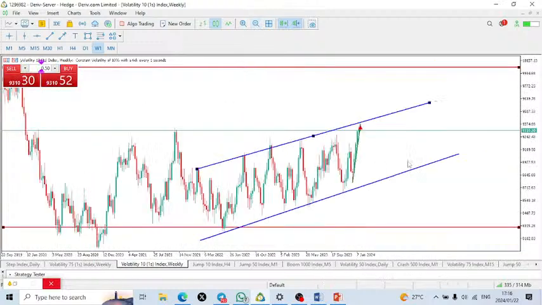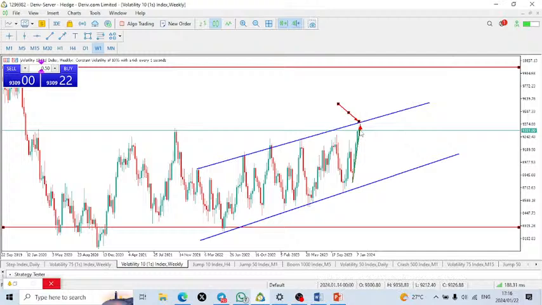On the weekly, there's a bullish channel. We have these highs and this low, and price is moving within this channel. If you're going to be trading Volatility 10s, we'll be making use of this channel, and price at this particular level has reached the top of this upper trend line.